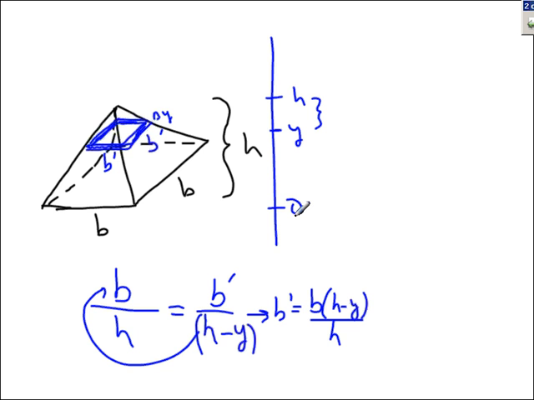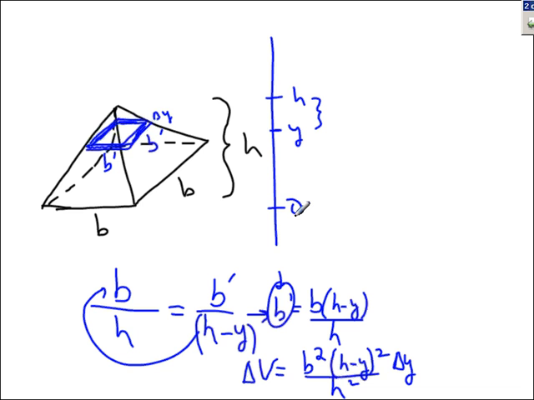But now the volume is the base area times the thickness. The area of the base is b prime squared. So if I square the left side, I have to square the right side. I'm squaring each factor. And the change in volume is that times the thickness, and that's just what I need to integrate.